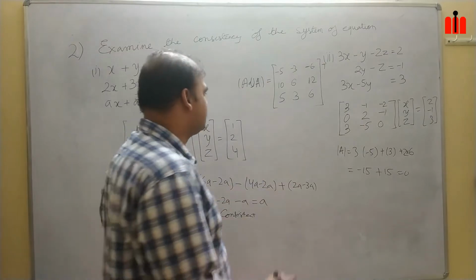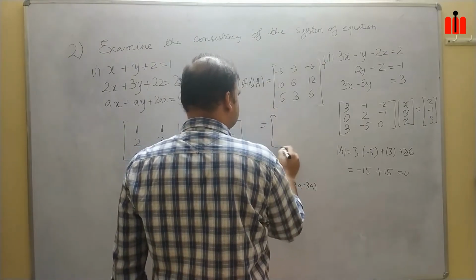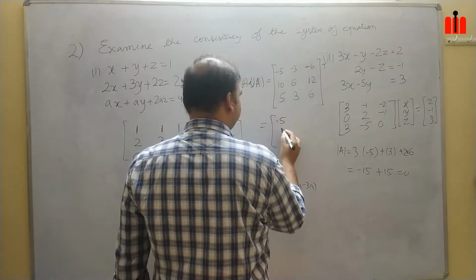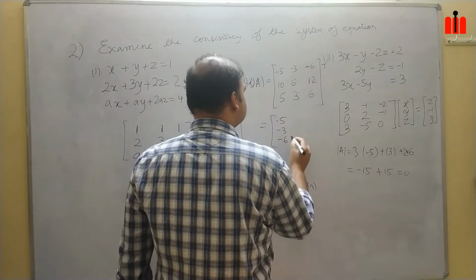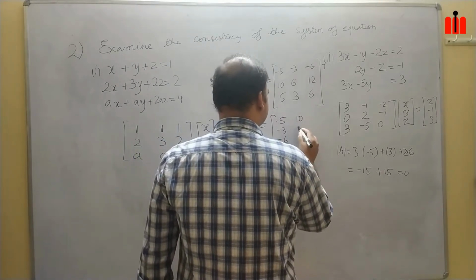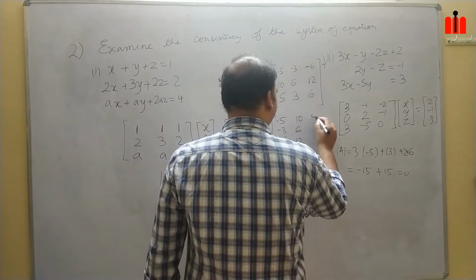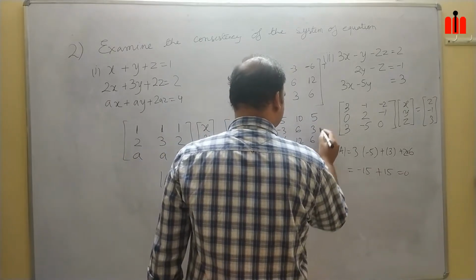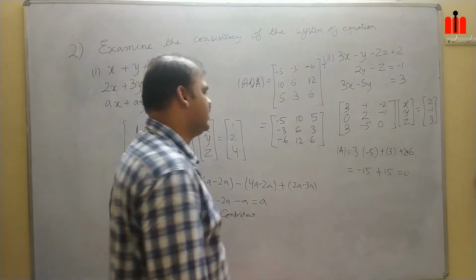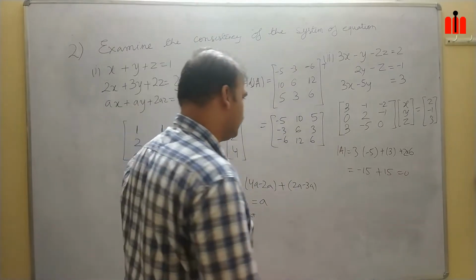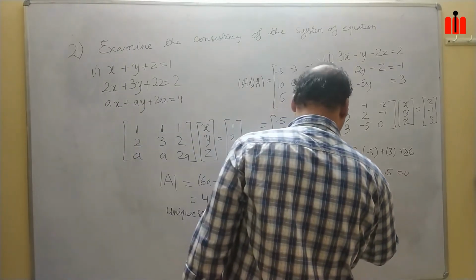Once you do the cofactors transpose, you will get 5, minus 3, minus 6, 10, 6, 12, 5, 3, 6. This will be the adjoint. So what is adjoint A into B?